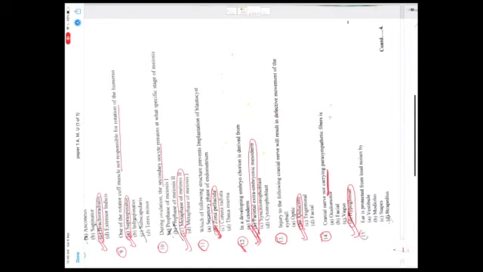Next, question number 15: the ear is protected from loud noise by vestibule, modiolus, stapes, stapedius. So remember that stapedius is a muscle which dampens the oscillations of the stapes bone.